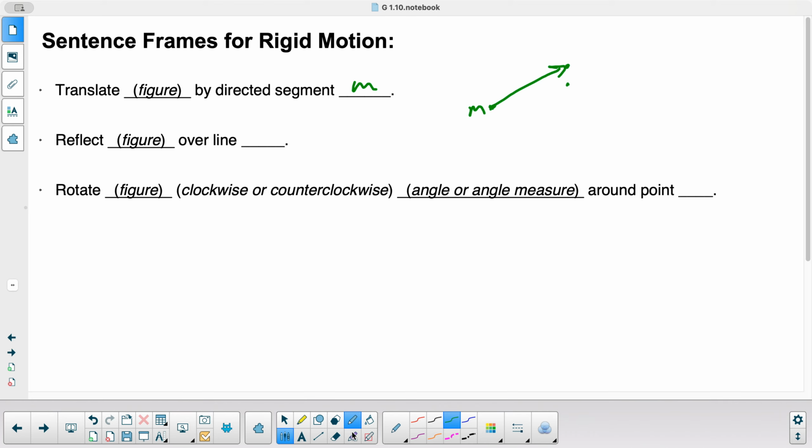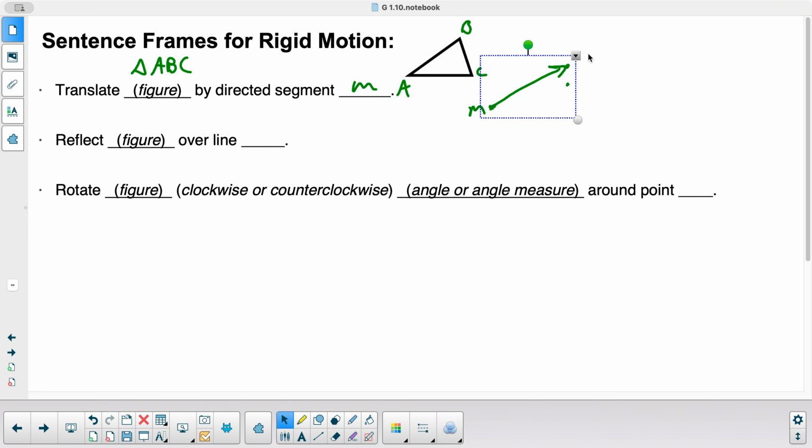So if I have a figure, let's say this triangle ABC, and I want to translate triangle ABC by directed line segment M, basically you're taking every point here and moving that point in that direction. So this point here would go right there.